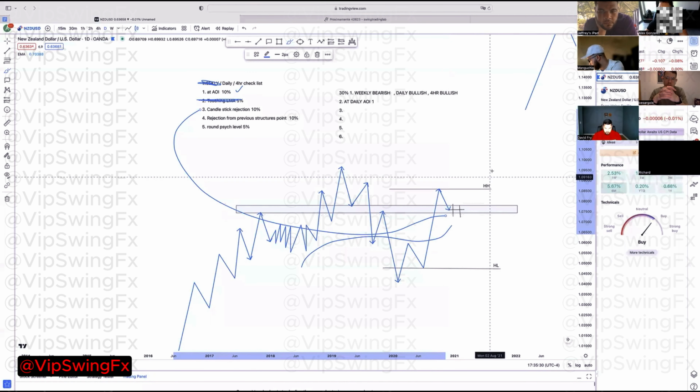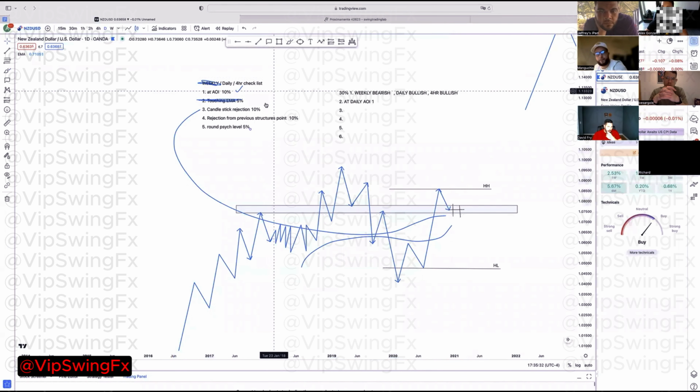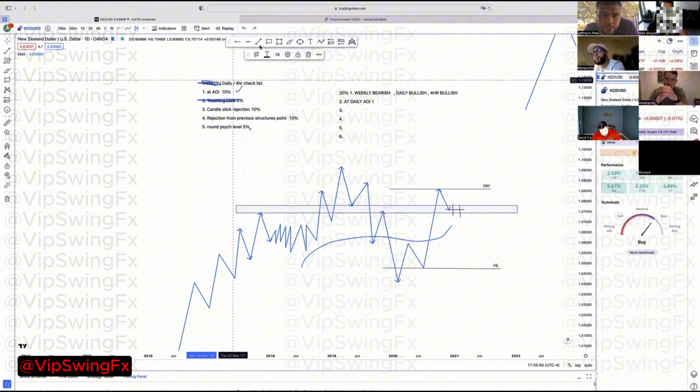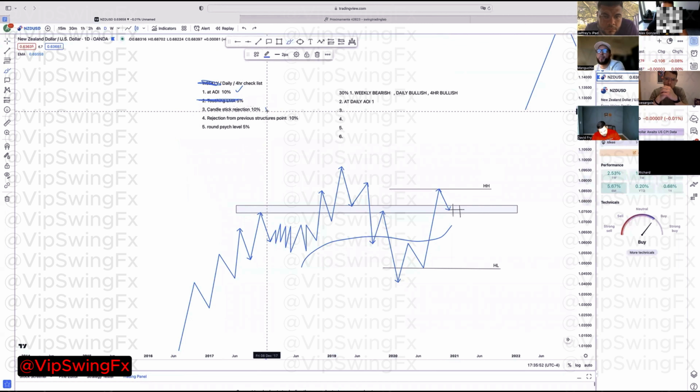If it doesn't, type 2. And we are doing this on every time frame from high to low. So if we're on the daily, we check the daily candlesticks and all of these points right here. If that makes sense, type 1. If it doesn't, type 2. It's going to make a lot of sense very shortly. So we have the daily candlestick rejection. So this is a check.